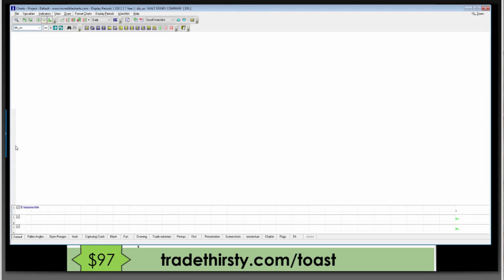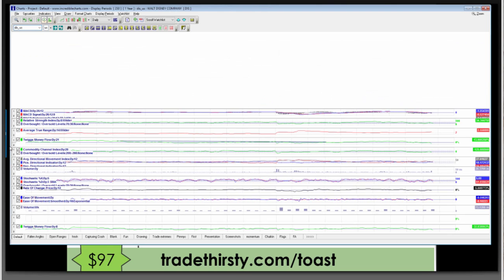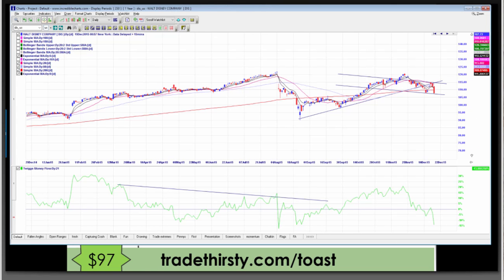I could not in good conscience call myself a technical trader and buy that. I don't care what movie they're making. This tells you, warning, Will Robinson, pun intended, using a movie reference. This has $97 written all over it.